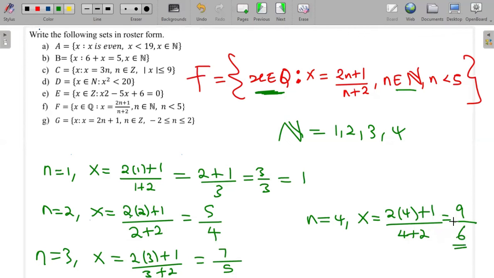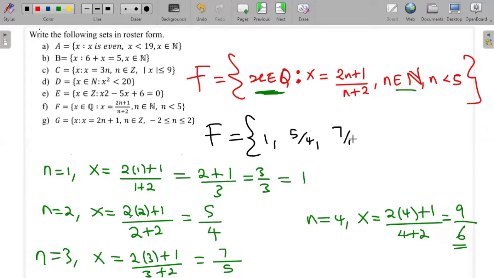So these are the only elements that are going to be in set F. So I'm just going to list it down. F is just going to be 1, 5 over 4, 7 over 5, and then 9 over 6. This is my set F.